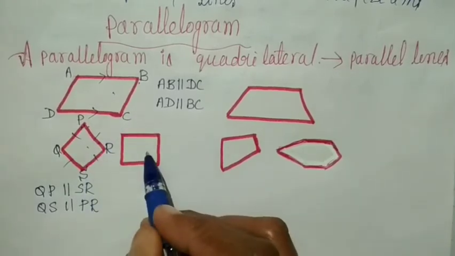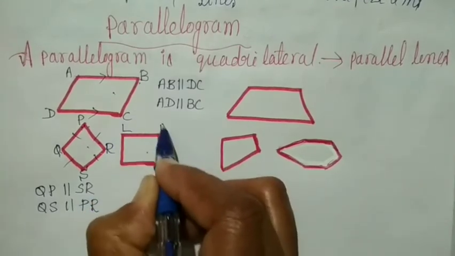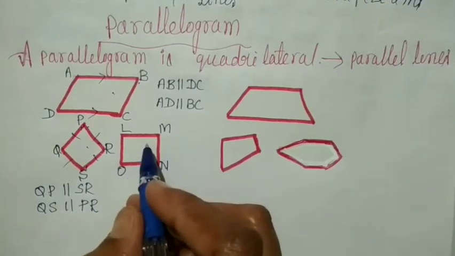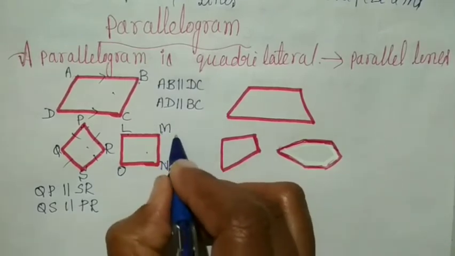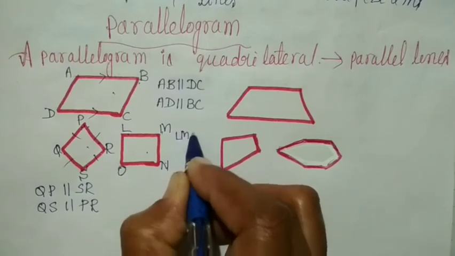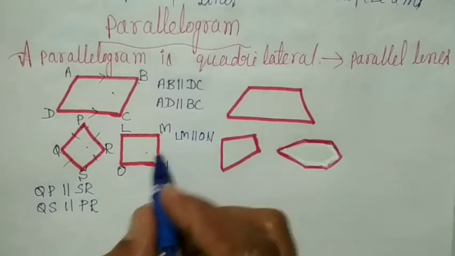Now go to the third picture. We take L, M, N, O. So LM parallel to ON, opposite sides. Once again, you take opposite sides. LM parallel to ON and what?